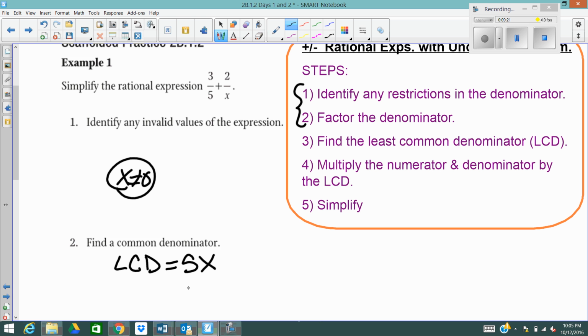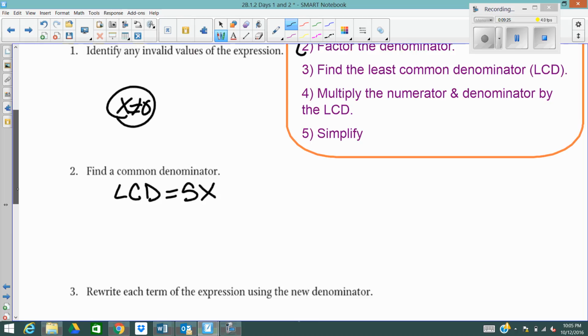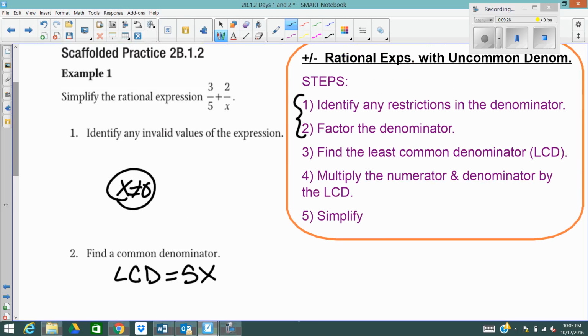So my LCD is going to be 5x. Now I'm going to multiply the numerator and denominator by what's missing.